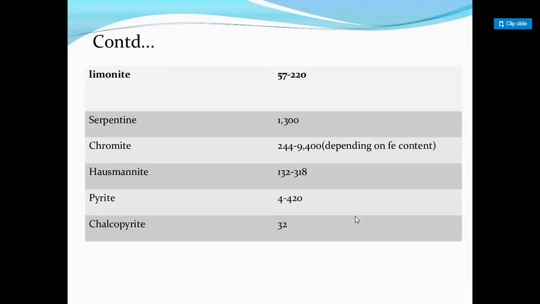And guys, here limonite 57 to 220, serpentine 1,300, chromite 244 to 9,400, depending on Fe content. Ilmenite 132 to 318, pyrite 4 to 420, chalcopyrite 32.